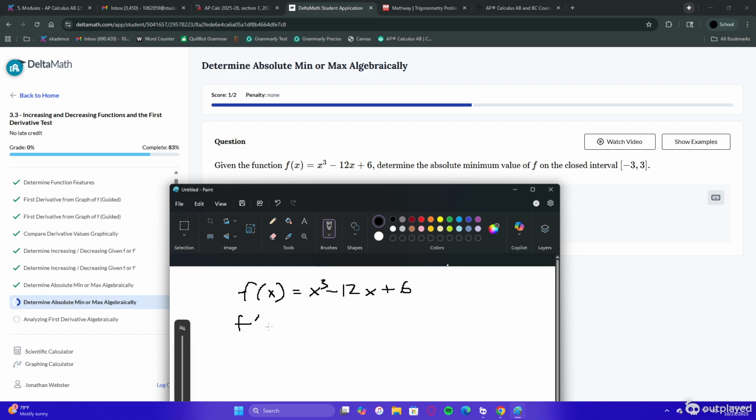So f prime of x would equal 3x squared minus 12, and if you take out 3, you'd get x squared minus 4. And that's just x plus 2 and x minus 2. So our zeros on this function are negative 2 and 2.